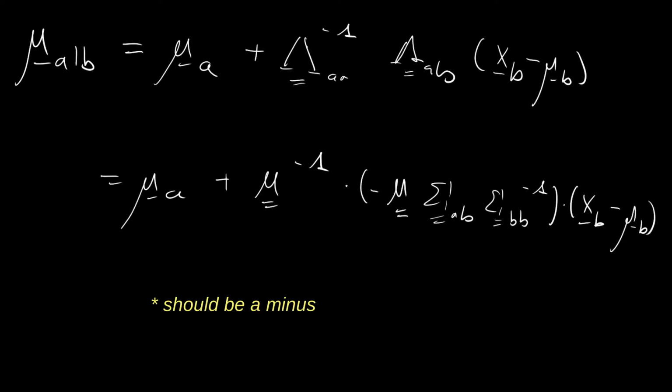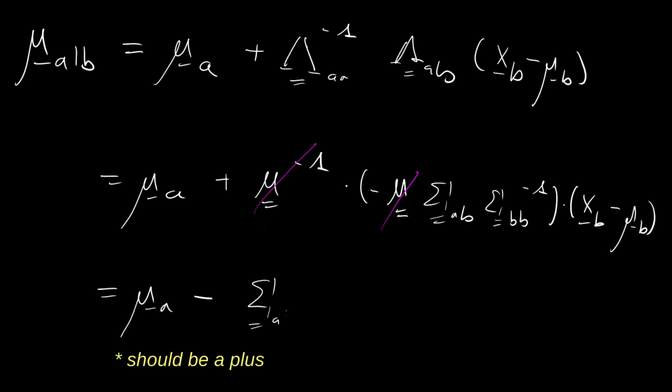And then we see that the M inverse cancels with the M, so here we don't have to consider the Schur complement basically. We are left with mu A plus sigma AB sigma BB inverse times xb minus mu B. And then we have found the expression for the mean vector of A given B only in terms of parameters that we had earlier.